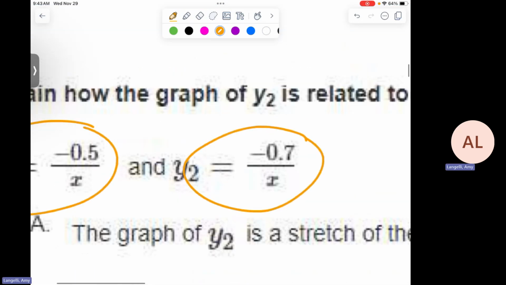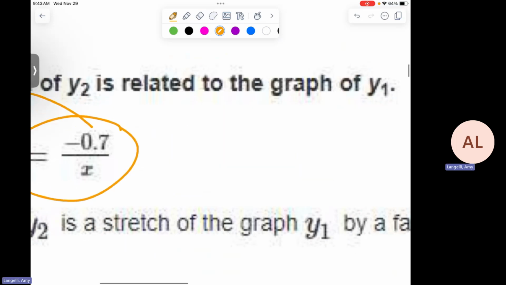How do you get from 0.5 to 0.7? Does anybody know, 0.5 times what number is 0.7?